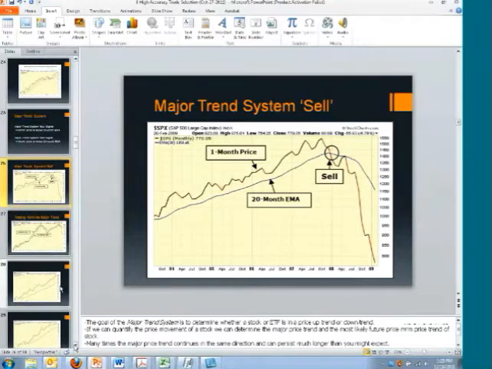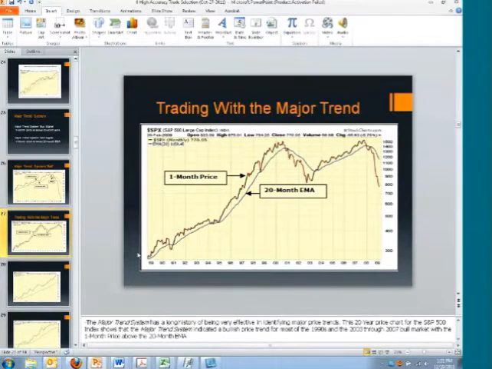And here's a longer term snapshot of the S&P. This is over a 20-year period, and you can see in the 1990s here that it caught most of this up move, almost all of it, with the 1-month price here being above the 20-month EMA. So this worked real well in the 90s. It kept you bullish for the most part.